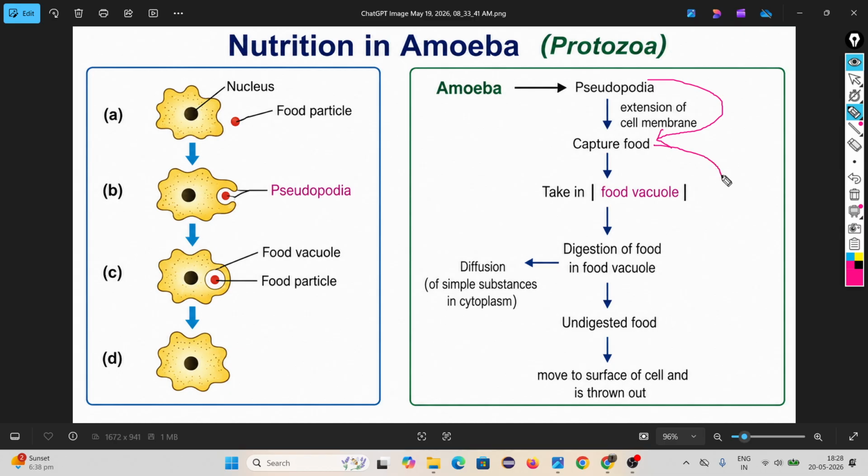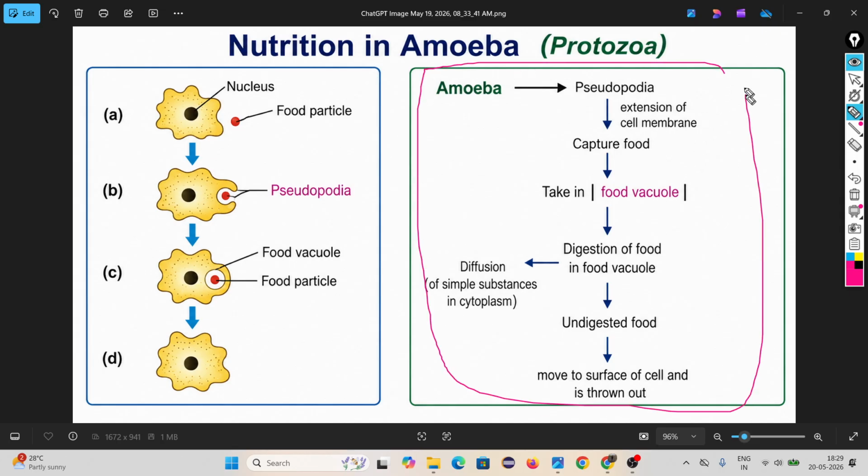After capturing food, they keep it inside a food vacuole, and inside the food vacuole several enzymes help the amoeba digest the food. After digestion, through the diffusion process, the food comes out from the vacuole to the cytoplasm. Then the undigested food is removed from the amoeba body. This is one of the important questions. You have to remember this, and the diagram also.